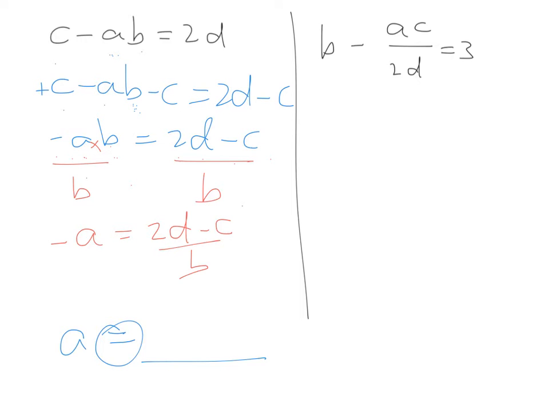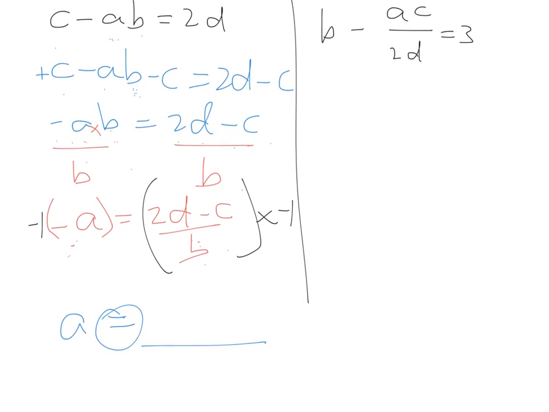Now, because it's negative A, we want to multiply both sides by negative 1. So essentially, everything that is negative becomes positive, and everything that is positive becomes negative. So basically we're making this negative 1, and we're going to do the same thing here, and multiply this by negative 1. From there, I'm just going to move this up a little bit.